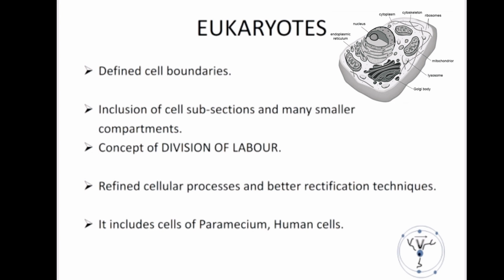Also, a proper eukaryotic cell will have a lot of rectifying mechanisms. Organelles such as the Golgi apparatus are known to produce suicidal bags known as lysosomes, to destroy cells that get infected.